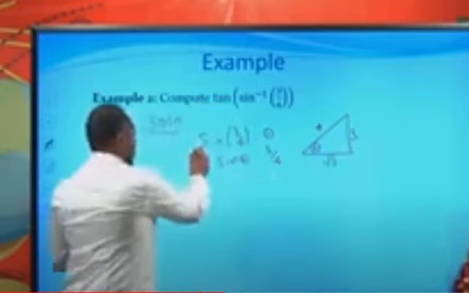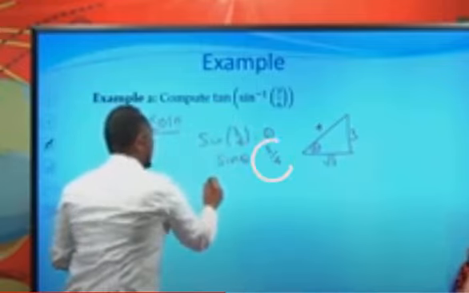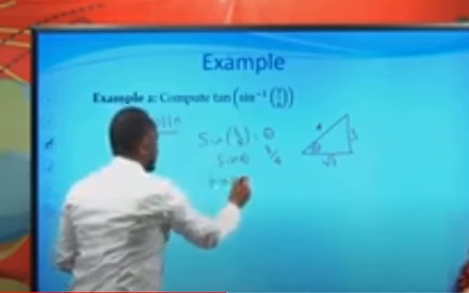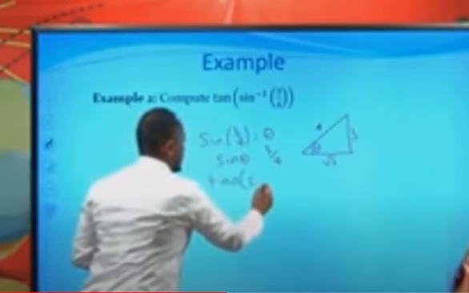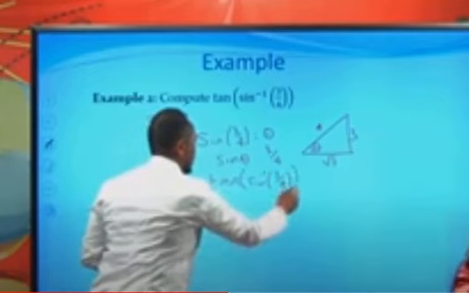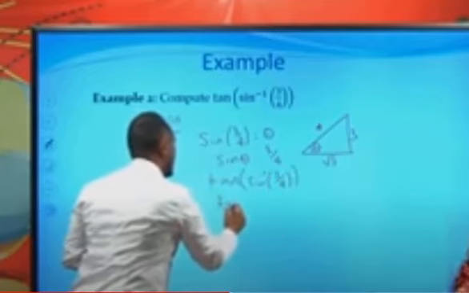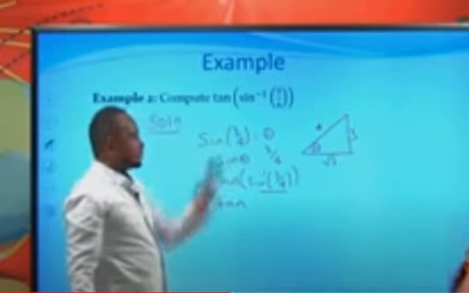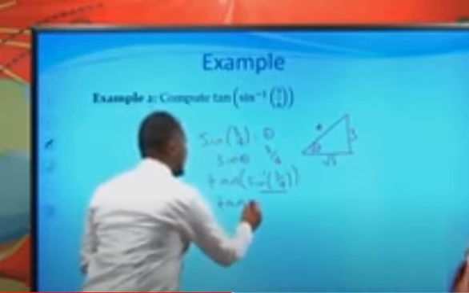So now here we are asked to find tan of sine inverse of 3 over 4. We assume sine inverse of 3 over 4 to be theta, so we need to find tan theta.